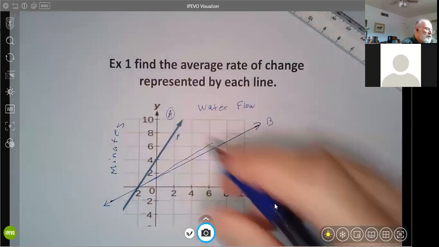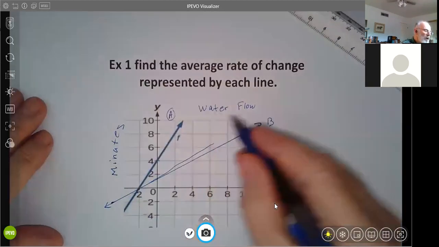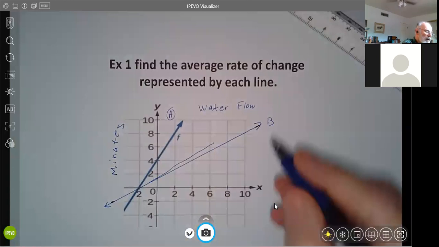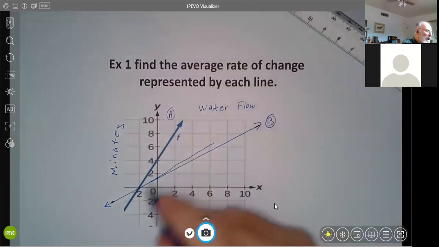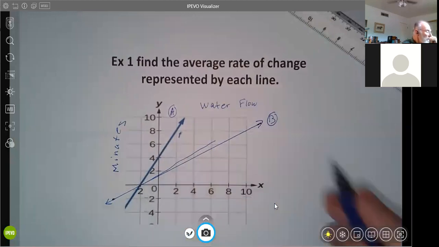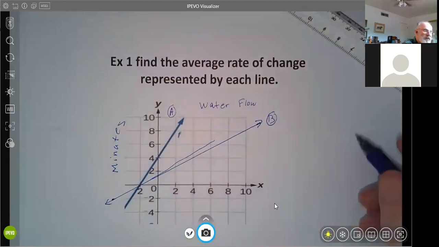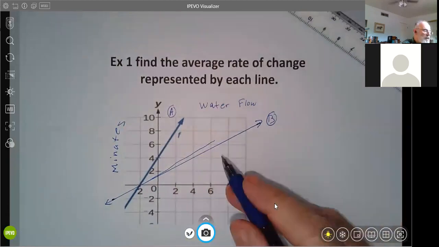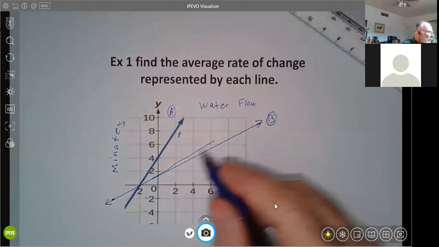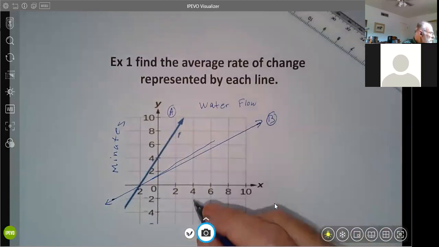All right, so y is minutes, x is water flow. This is going to be line A, this is going to be line B. So we have 2 different things going on here. It's not unusual when you're dealing with these kinds of things to have comparisons of 2 different things.